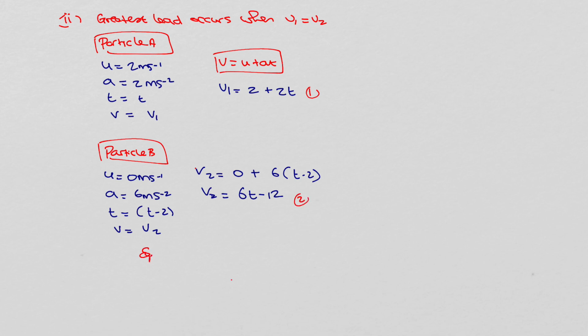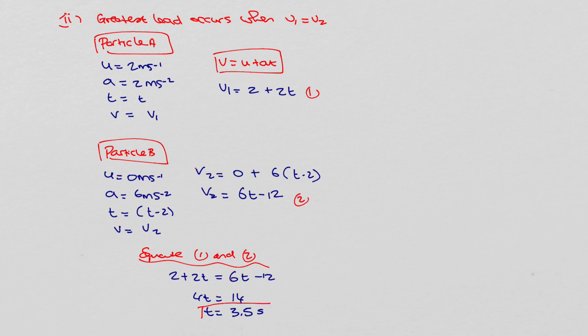So by equating 1 and 2, we'll be able to find the time when their velocities are equal. Which is 4t is equal to 14, sorry. And therefore t is equal to 3.5 seconds.